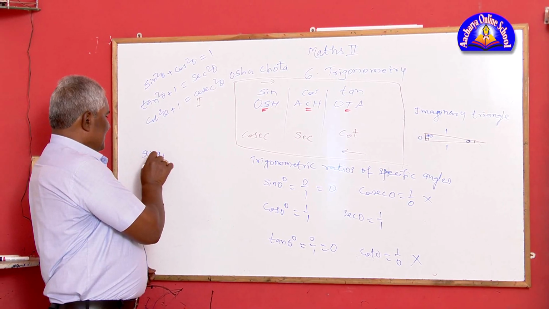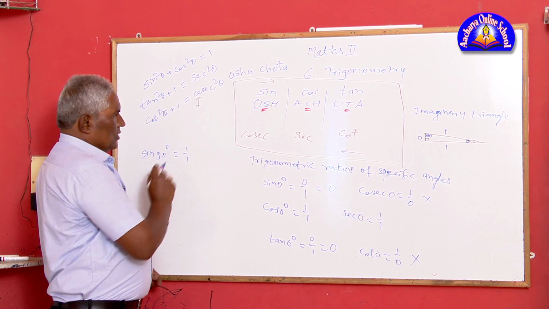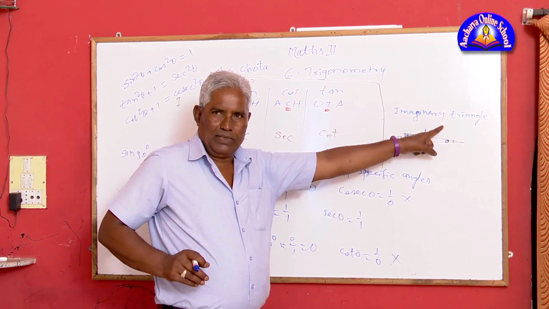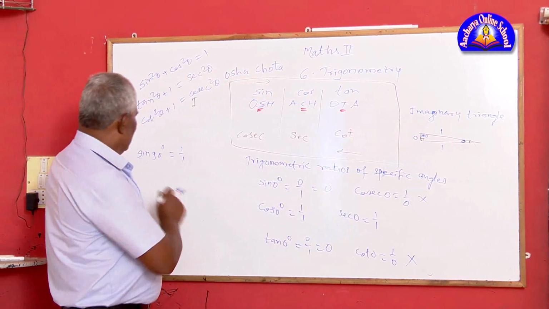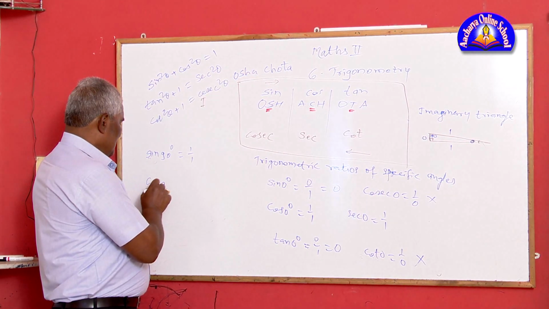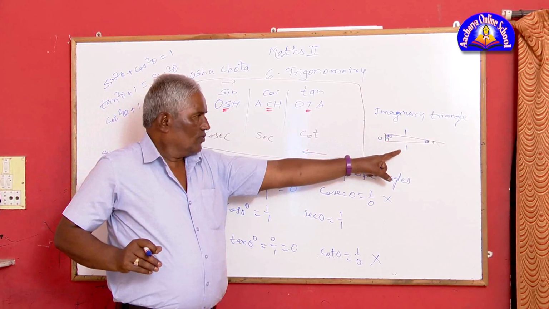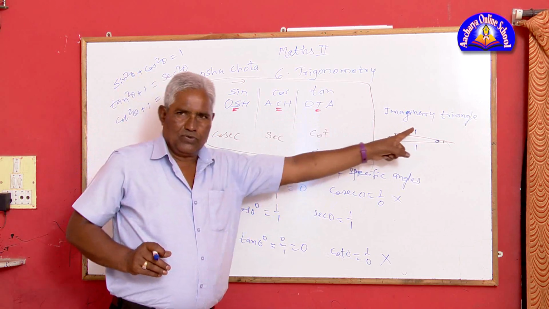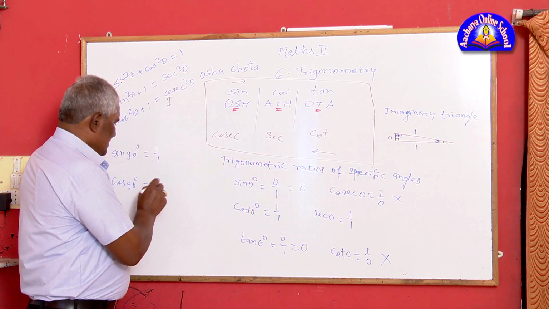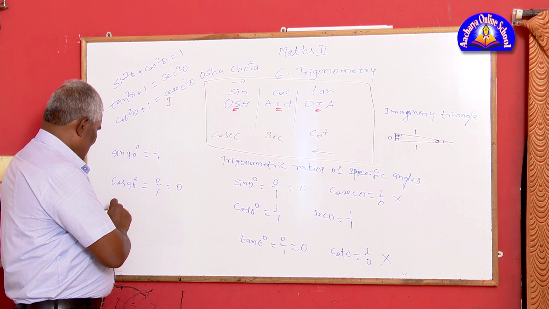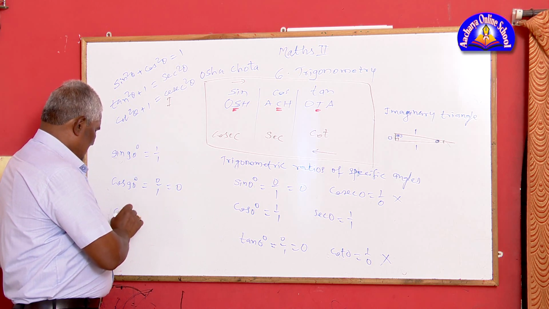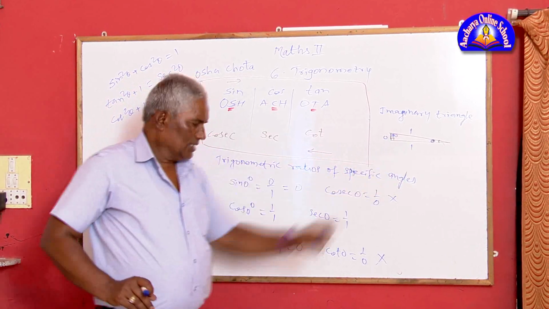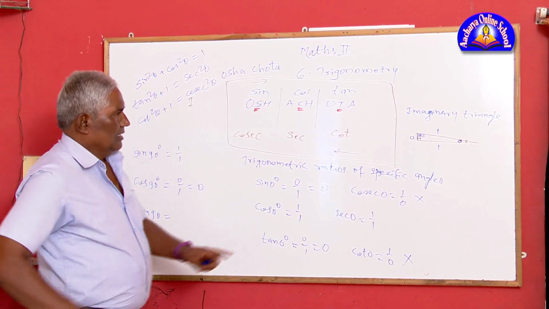Sin 90. Sin 90 is equal to 1 upon 1. This is the angle, this is the opposite side, this will be the hypotenuse. 1 upon 1. Cos 90. Cos is equal to adjacent upon hypotenuse, 0 upon 1, that is 0. And cot 90 is adjacent upon opposite, that means inverse of tan 90.